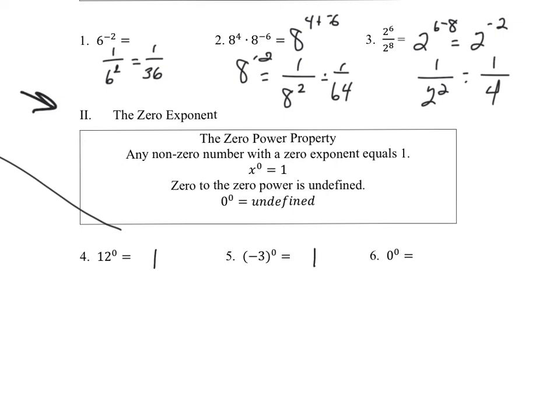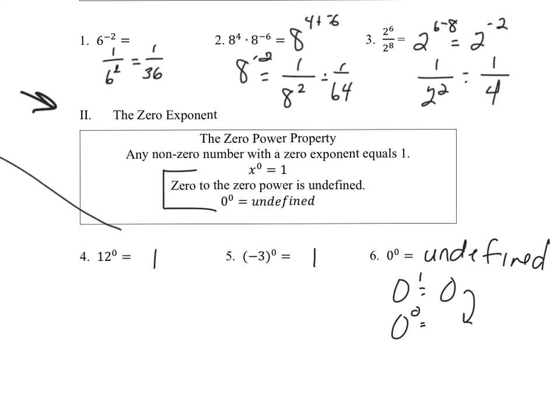But 0 to the 0 power right here says that it's undefined. Okay? Think about this for a second. If you want, pause the video because I'm going to do a spoiler alert. It's going to be undefined because if you think about like 0 to the first power is 0, but then 0 to the 0 power, how can I divide a factor of 0 out?